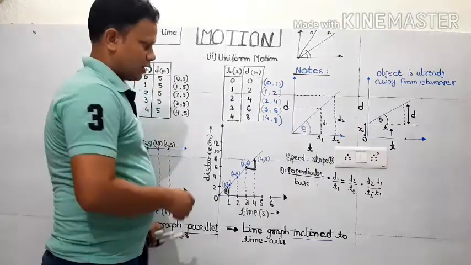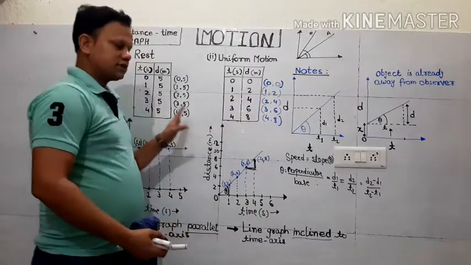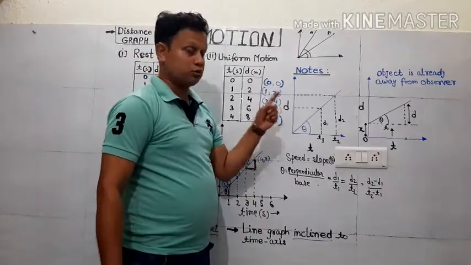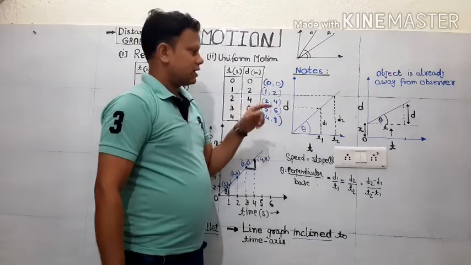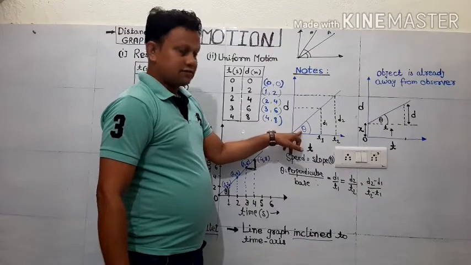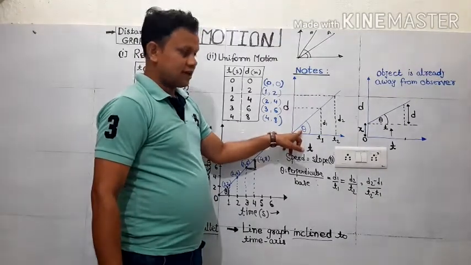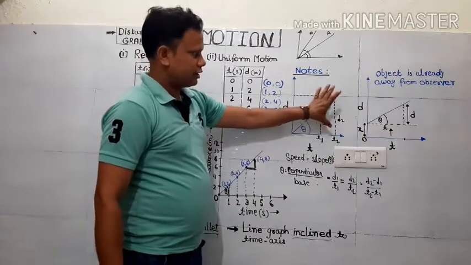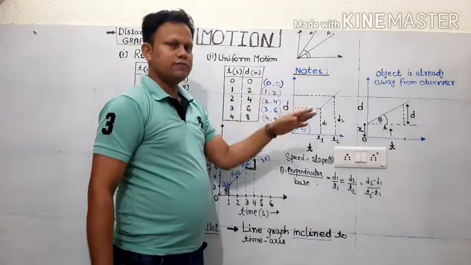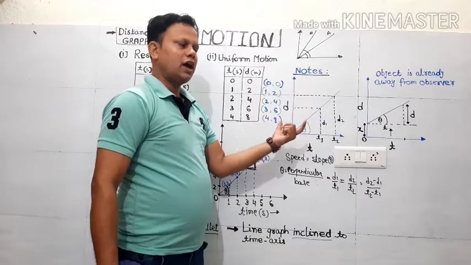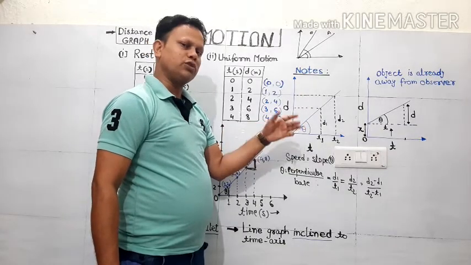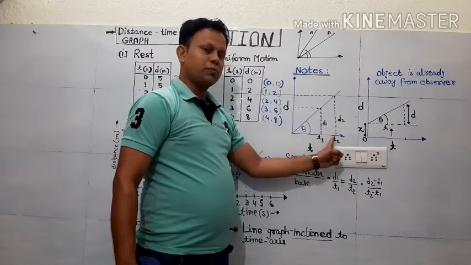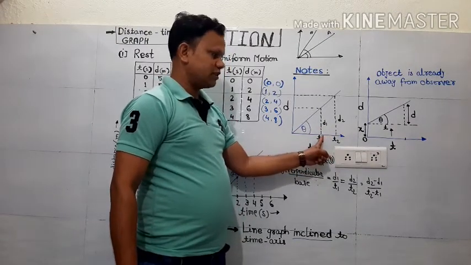Fine. Now, after getting the graphical presentation of these two, you should note down some points. I have already mentioned that theta, that angle, is equivalent to d1 by t1 or d2 by t2. That means whatever distance you are taking, you have to take the corresponding time and you can get the value. And if somebody is interested in some particular period of time, suppose it's t1 time, it's t2 time.